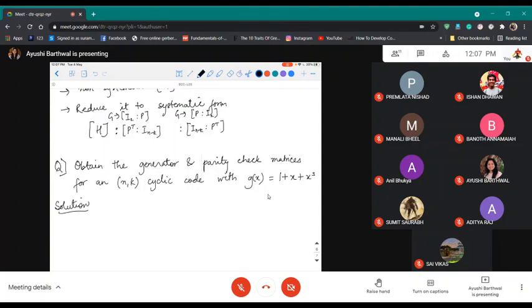So you have to find the generator matrix with the help of this polynomial.